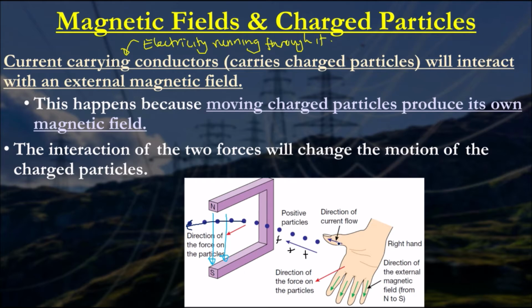The right-hand palm rule states your thumb, your right thumb that is, is the direction of the positive charge. Your palm is the direction of the force that the positive charge experiences due to the magnetic field that it's run into. And then your fingers is the direction of where the magnetic field is going. Remember, the magnetic field is always going from north to south, so that's showing you that north to south direction there.